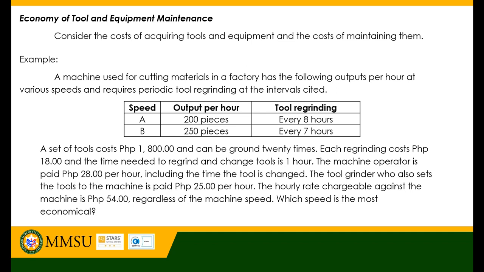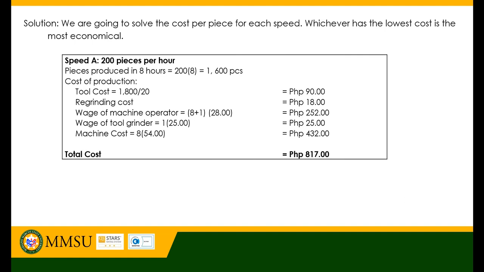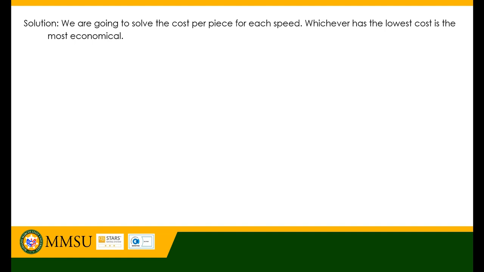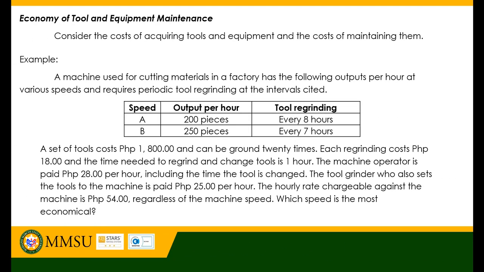And then, each regrinding cost 18 pesos. And the time needed to regrind and change tools is 1 hour. Okay? 1 hour. Kaya meron tayong plus 1. Ayun, 8 plus 1 times 28. Okay? Maintindihan natin yun.